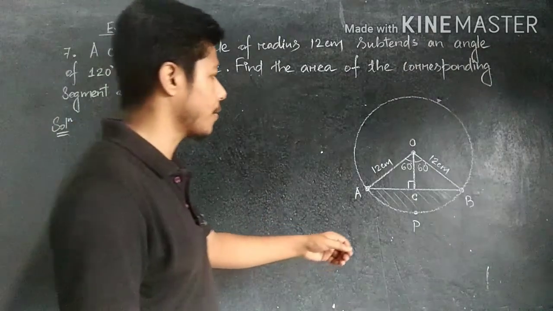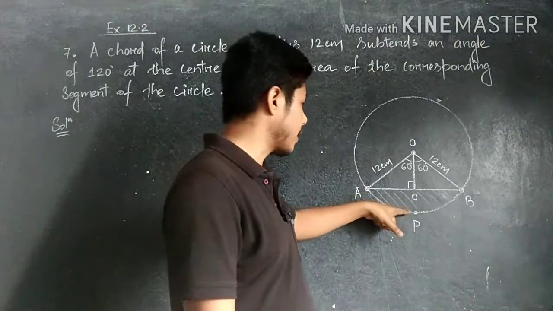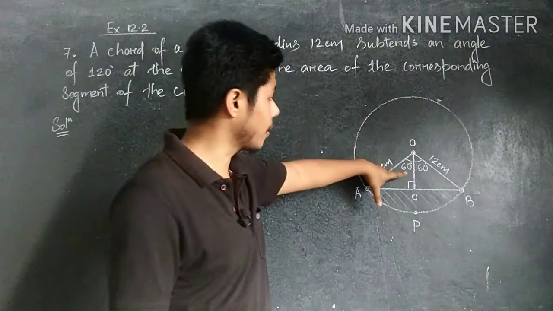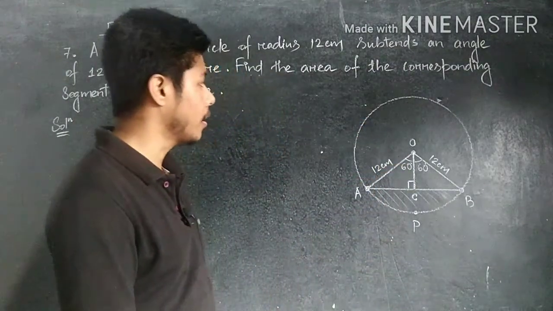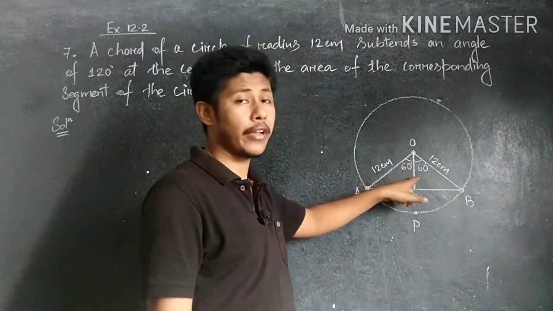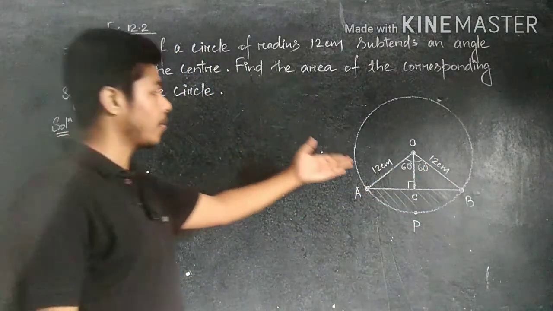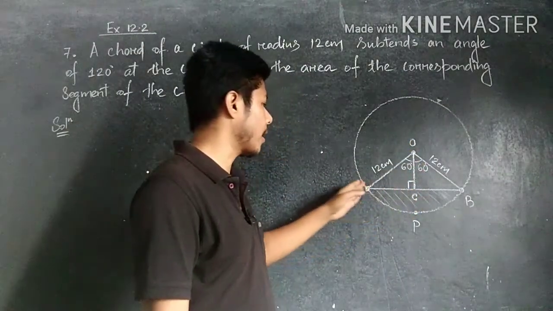First we need the area of this triangle, because the sector we can easily find: the angle is 120 degree and the radius is 12 centimeters. So first, this triangle. Already in the diagram many things are mentioned, so no need to write that OC separates the line AB.